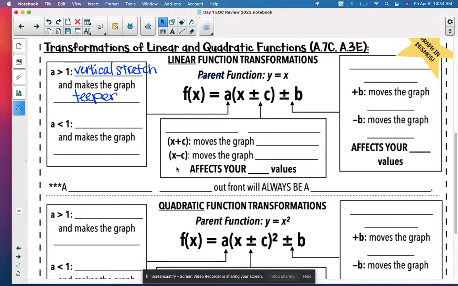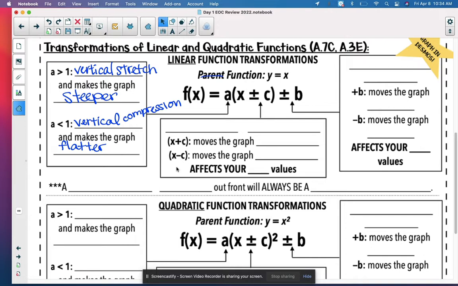So if a is less than 1, meaning it's a decimal, fraction, whatever, then this is going to be a vertical compression. And it makes the graph flatter. So that is what happens to our slope if a is bigger than 1 or less than 1.